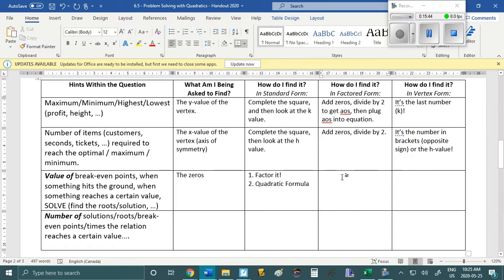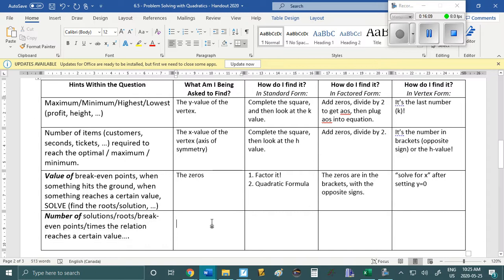In factored form, the zeros are in the brackets with the opposite signs. And in vertex form, I think the best way is to solve for x after setting y equal to 0. So you set the equation to 0 and then solve for x.